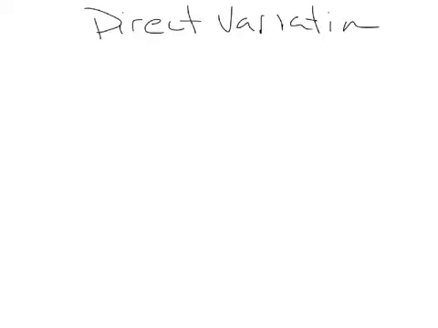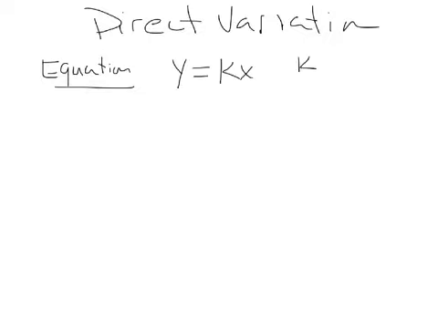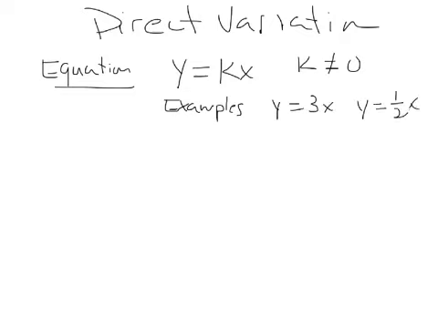First, with direct variation, we talked about the equation. The standard form equation for direct variation is y equals kx, where k is not 0, so k is some number. Some examples of this are y equals 3x, y equals 1/2 x, y equals negative 2/3 x.